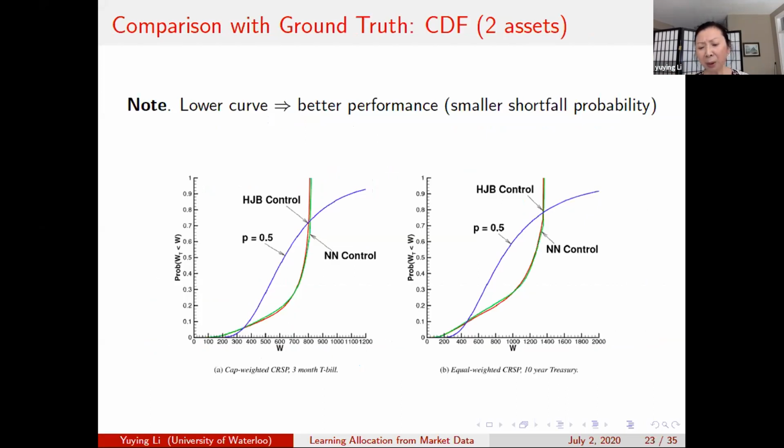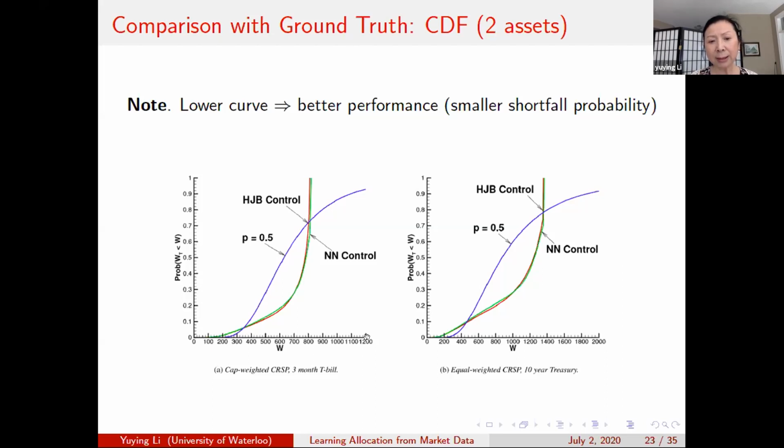That table compares strategies based on a few statistics, a few quantiles. What if I want a better, more complete picture? To do that, we can look at the CDF. In this plot, we plot the probability of terminal wealth being less than a wealth level.